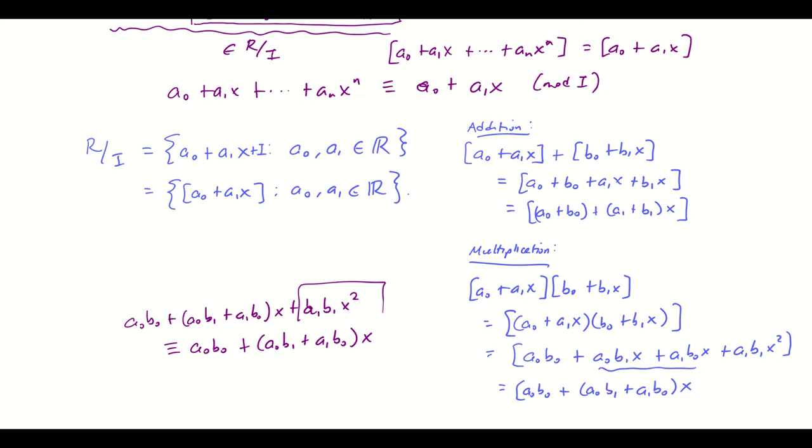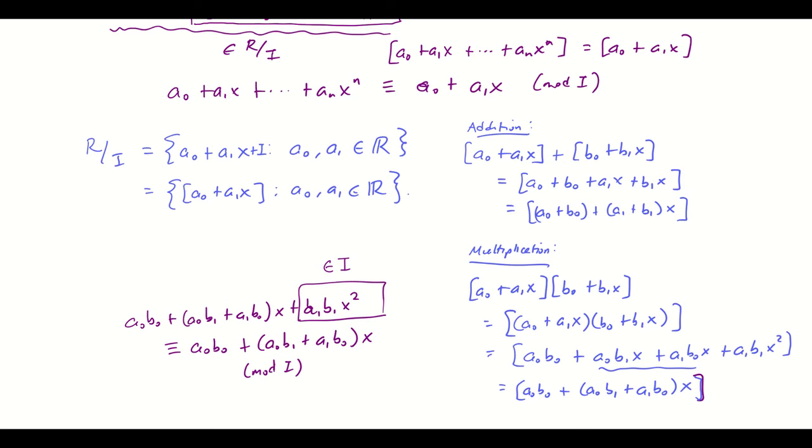Because this term here belongs to I because it's a multiple of x squared, which means these two polynomials are congruent mod I, which means their congruence classes, or their cosets, are the same.